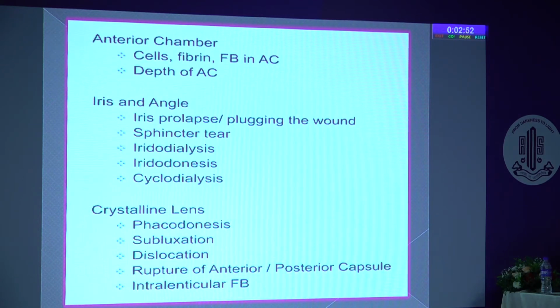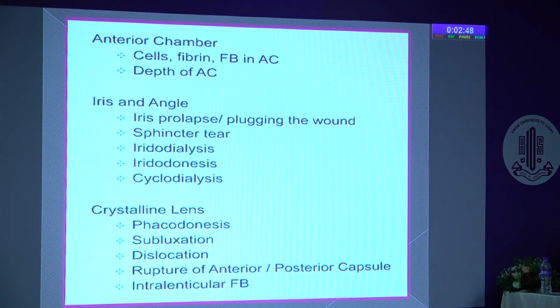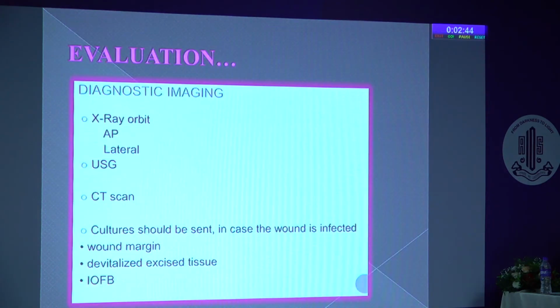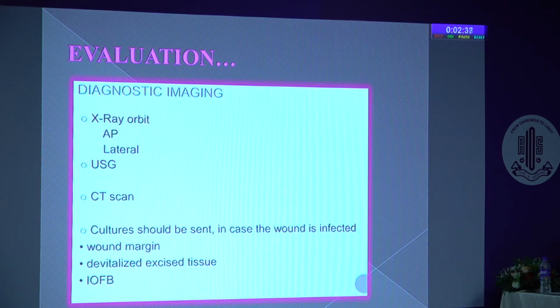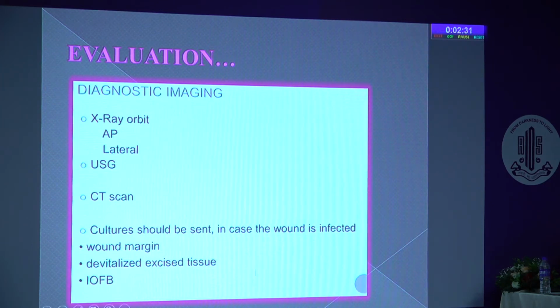So these are the common points I summarized that we have to keep in mind when looking for injuries. Same for the lens: the position of the lens, whether dislocation, breach in continuity or axis or anything, you have to look for that. Apart from these evaluations, sometimes it's not possible because of chemosis, or we are unable to open the lid. In that case too, examination is very important. Whenever required, go for X-ray, USG or CT scan.